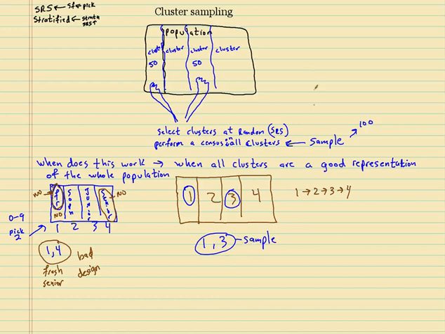I will give a quick example that the book uses. Okay, so you have a book, and there's a lot of pages. So an SRS would be to go ahead and randomly pick page numbers, and then we want to analyze how many words per sentence are on each page.